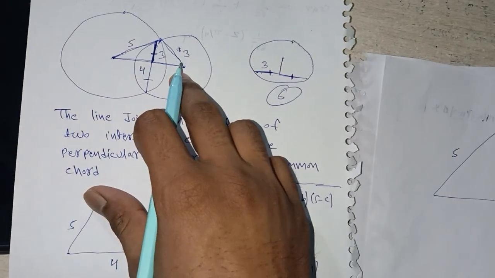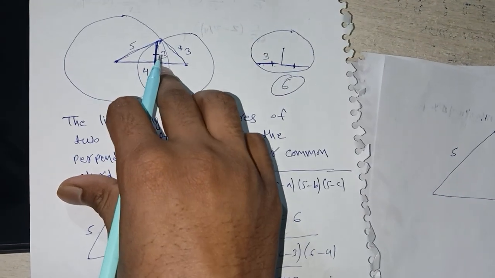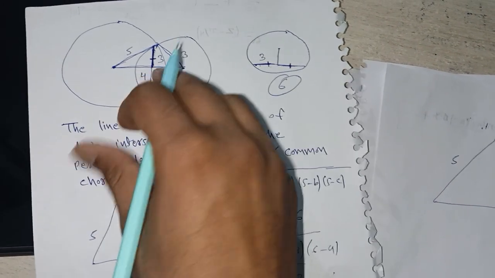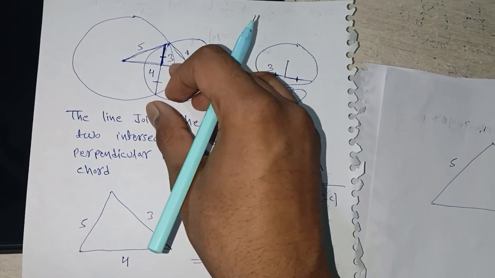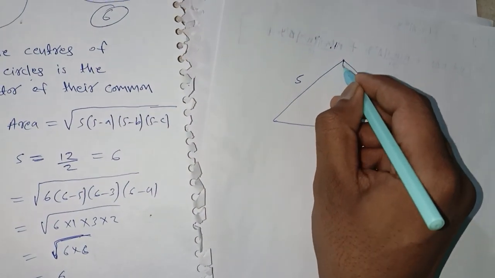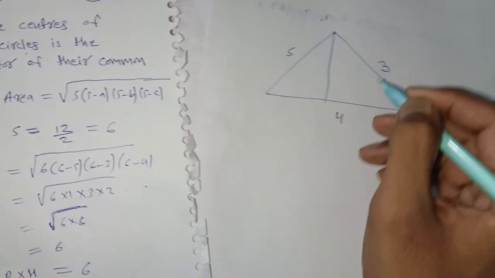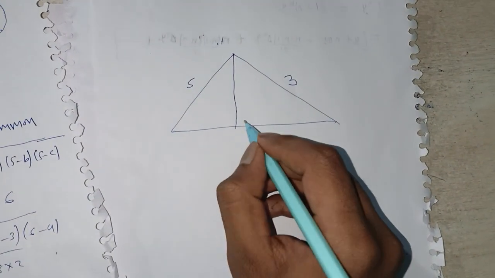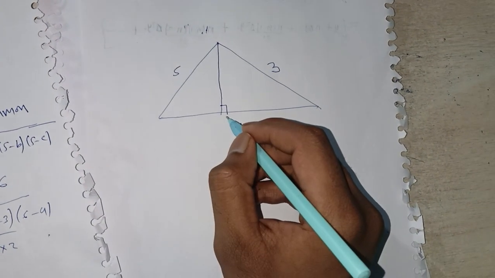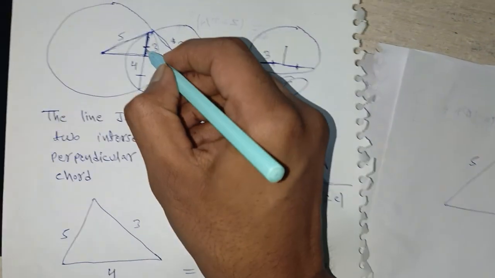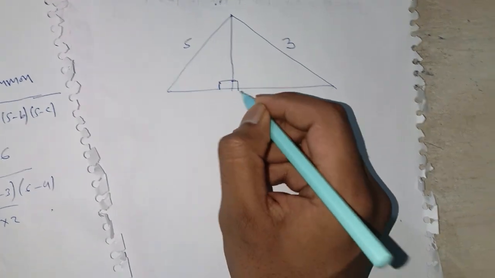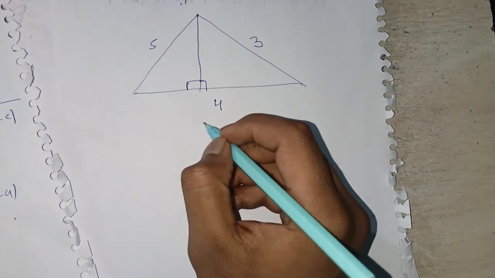And here we also know this line is intersecting this chord as a perpendicular bisector. So the common chord is making 90 degrees, because perpendicular means 90 degrees, and it is intersecting this chord into two equal parts. This is the symbol of 90 degrees.